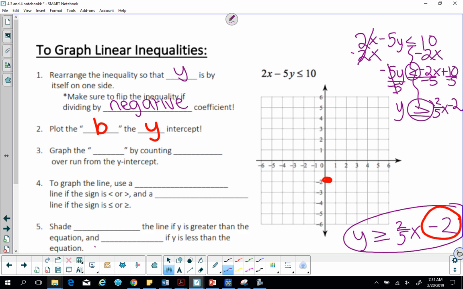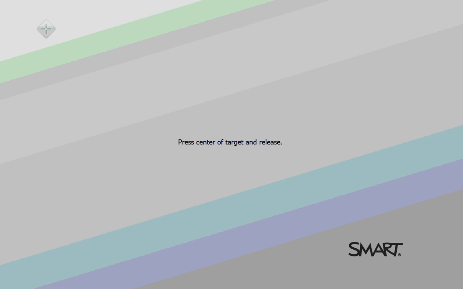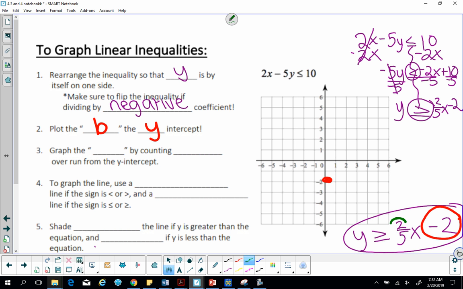Then you're going to graph the m, which is your slope. Since it's positive 2 over 5, you're going to go up 2 over 5. So we graph the m by counting rise over run, and we always go rise over run.